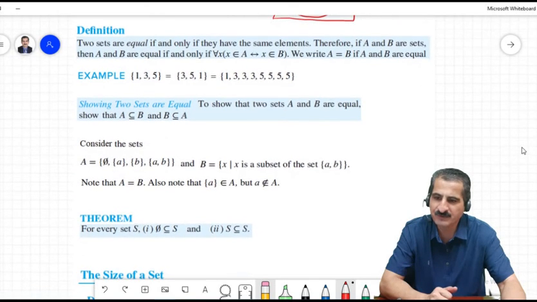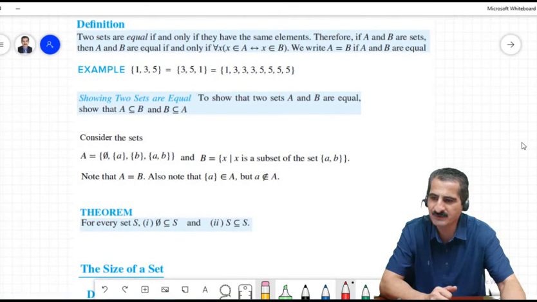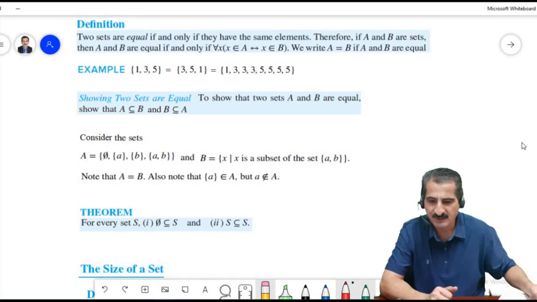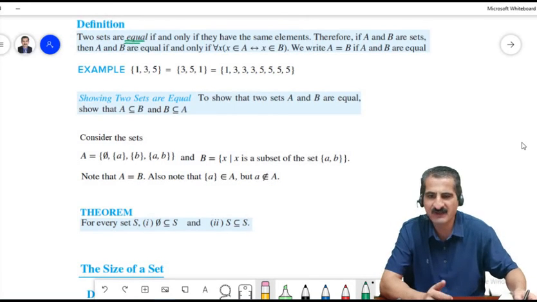Now a definition: we will say two sets are equal if they have the same elements.